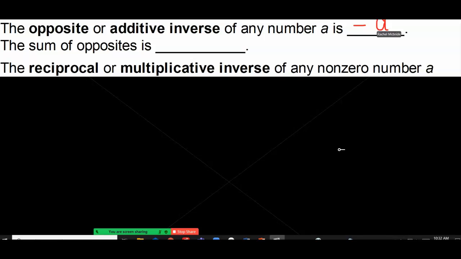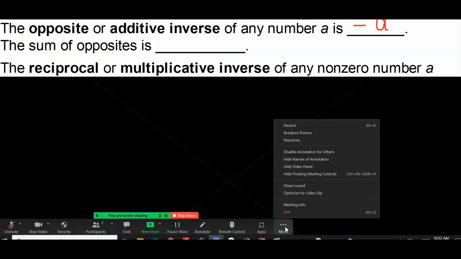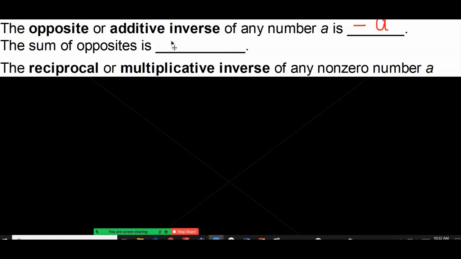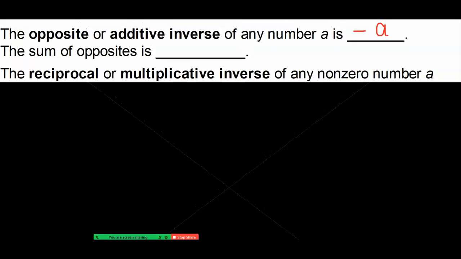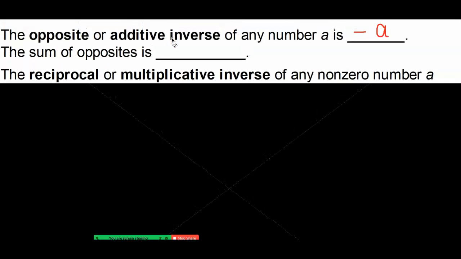The inverse or opposite of a number A is negative A. The sum of the opposites is the additive inverse property, which is 0.